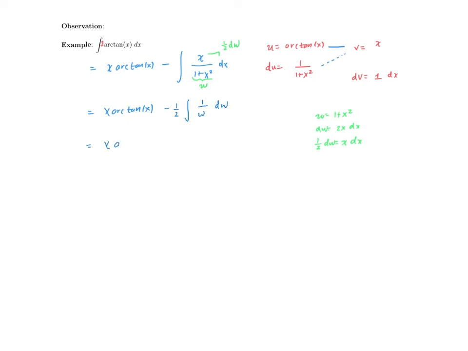That resulting integral is one that we can evaluate quickly and efficiently. We have the natural log of the absolute value of w. And our last step is to resubstitute and get back in terms of that original variable.